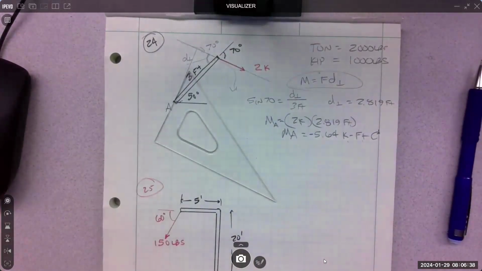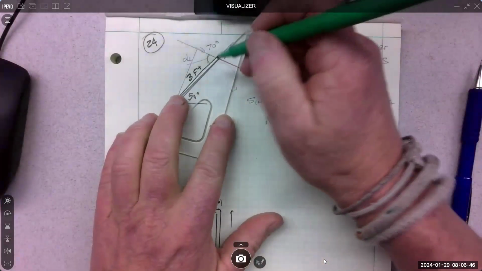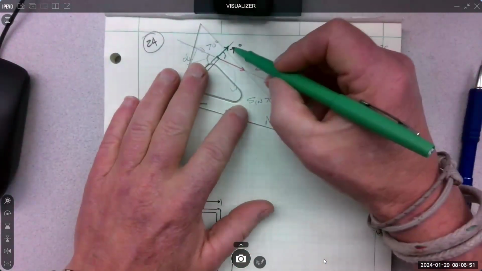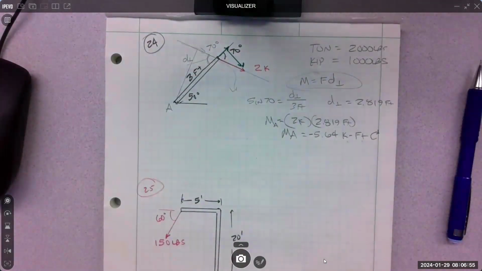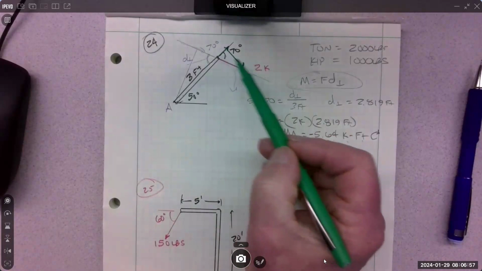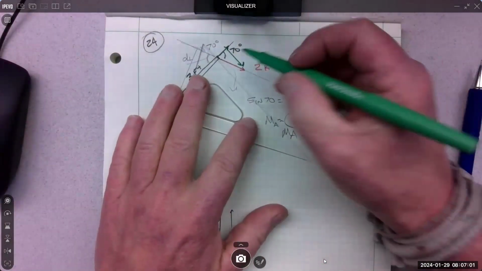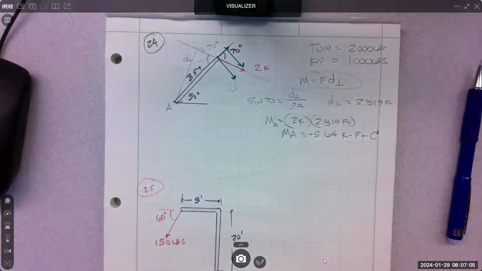So the other way to do it was the other method that we talked about, which is the component method. So I want to do it that way also. When you do the component method, you put in the components, X and Y, and then you just find the moment of each one of these. Really the Y comes right out of here, but you got to build a triangle to find these things.